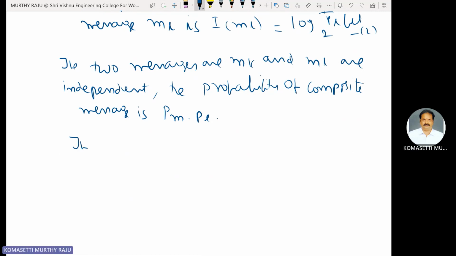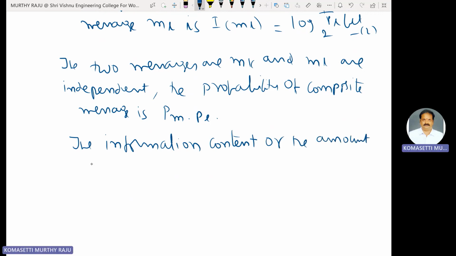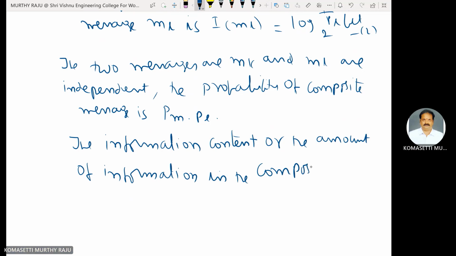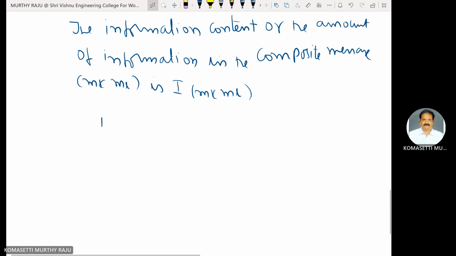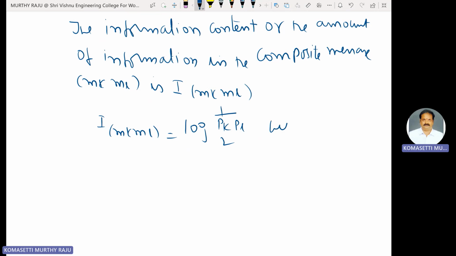The information content, or the amount of information, in the composite message M K, M L is I of M K, M L, which is equal to log 1 by the probability of occurrence of such a composite message, that is 1 by P K, P L base 2 bit.